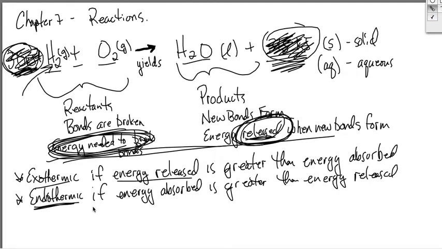Okay? But please realize that it always takes energy to break the bonds. Energy is always released when new bonds are formed. You're just comparing the two, which is bigger, and that's going to determine whether it's exothermic. It's exothermic if the released amount is bigger than the absorbed amount, and it's endothermic if the absorbed amount is bigger than the released amount.